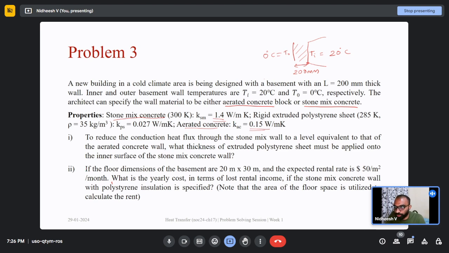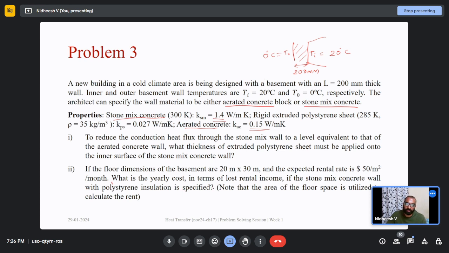Then we can go to the second part of the problem. It is a continuation of the same problem. If the floor dimensions of the basement are 20 meter into 30 meter and the expected rental rate is $50 per meter square per month, what is the yearly cost in terms of lost rental income if the stone mix concrete wall with polystyrene insulation is specified?